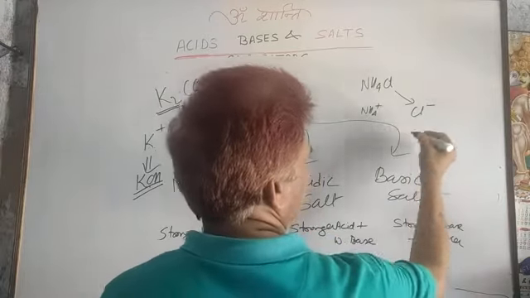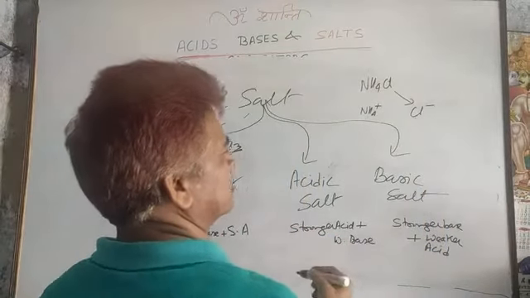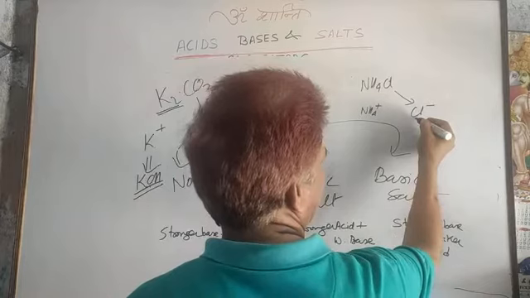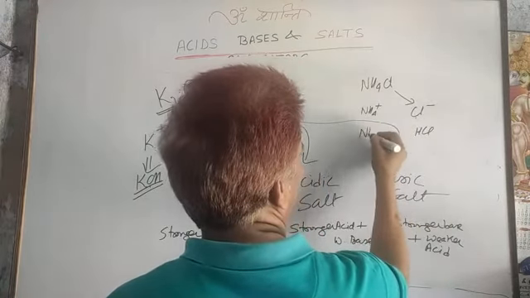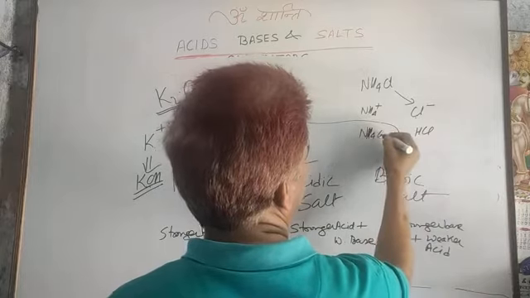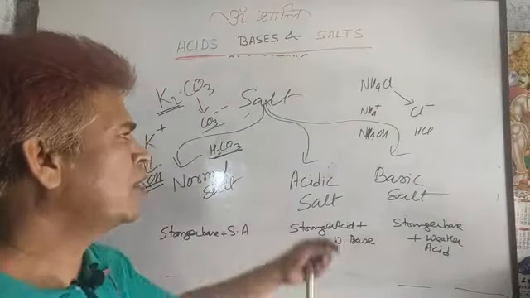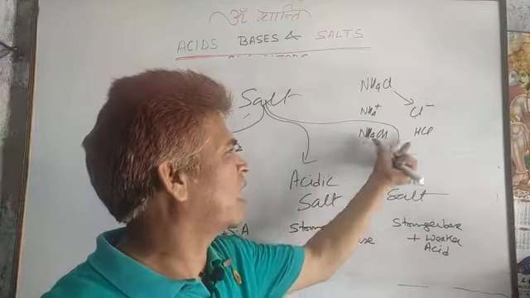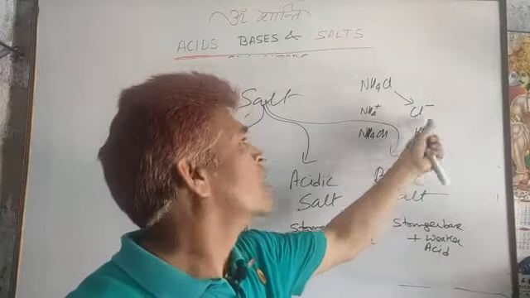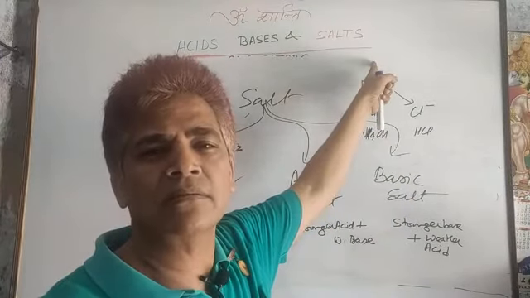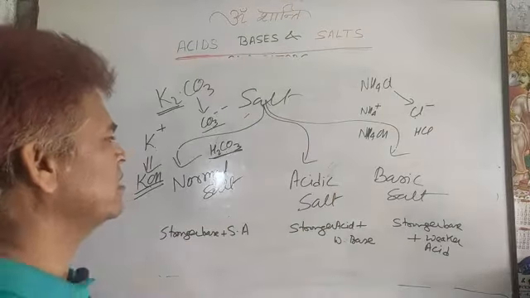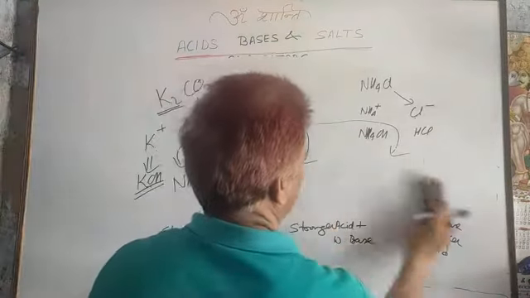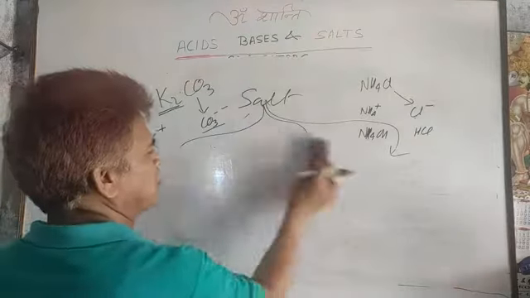That comes from acid, so it is called the acidic radical. Chloride comes from HCl and ammonium comes from the base ammonium hydroxide. Again we are observing here the base is weaker and acid is stronger. So, this salt comes under the acidic salt. In this way you can easily recognize whether the given salt is acidic or basic in nature.